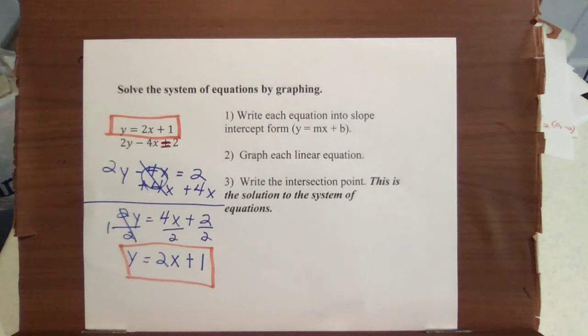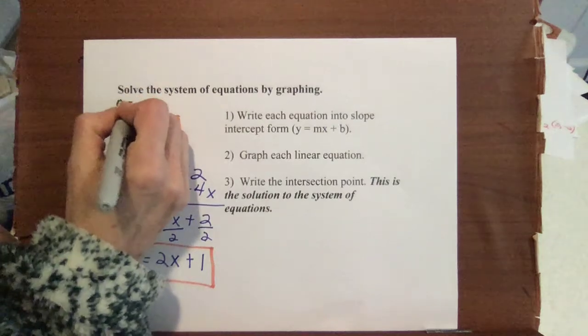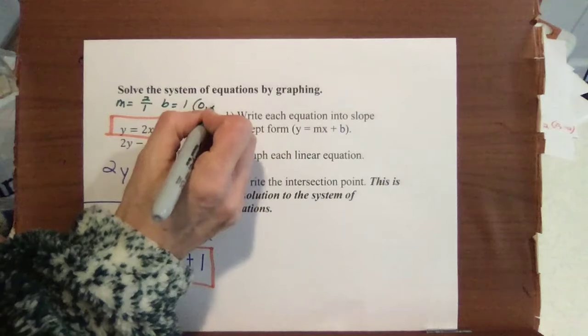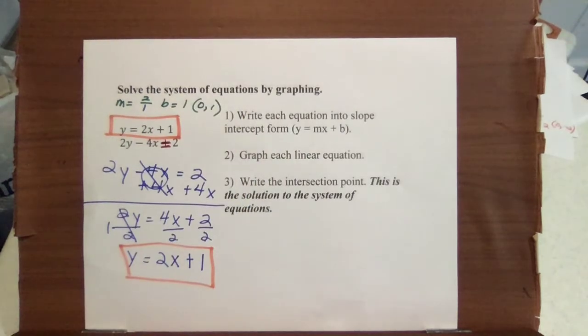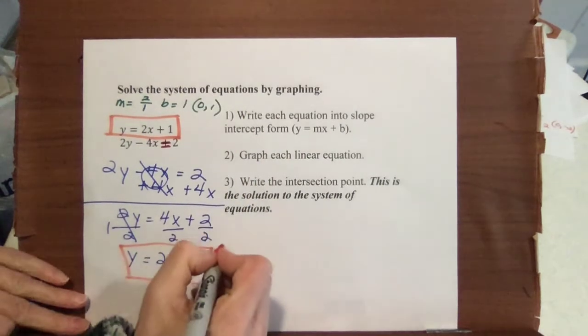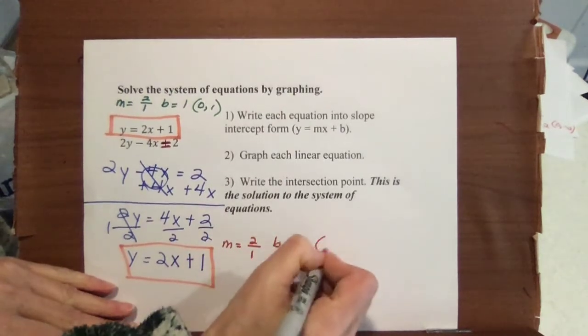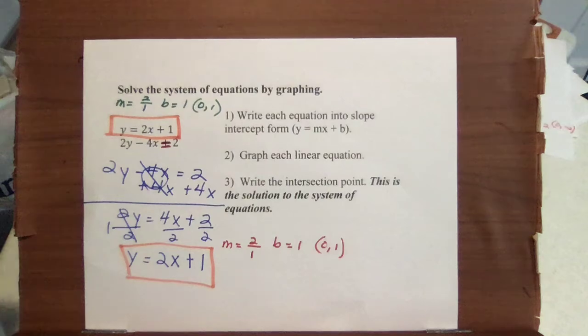So when you graph, you're getting the same equation twice. Our slope for the first equation is 2/1 and our y-intercept is 1, giving us the point 0, 1. And our second equation, our slope is 2/1. Our y-intercept is 1, giving us the point 0, 1.